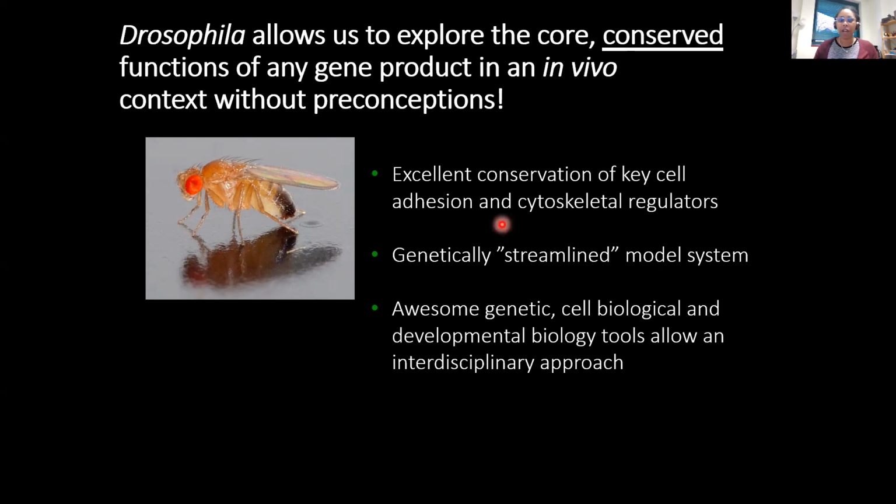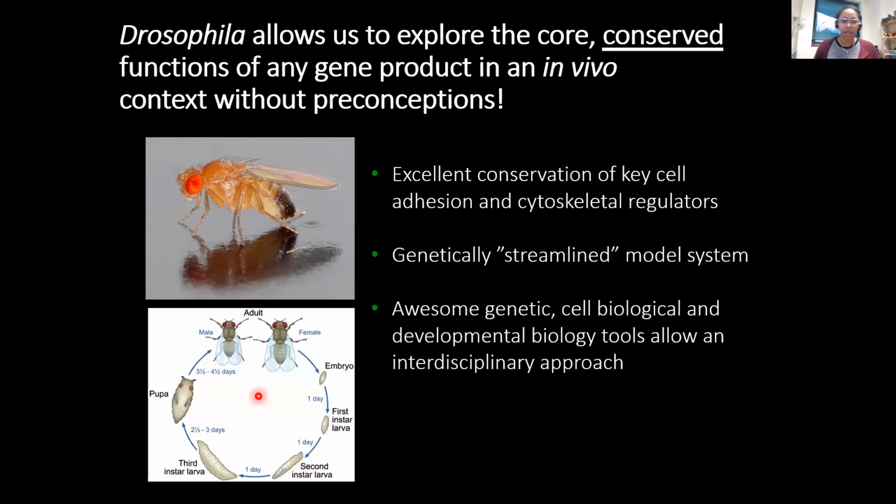And there are great genetic tools as well in Drosophila. People have been using Drosophila to study genetics for years, and it's a streamlined model system. And so we actually share about 60% of our genome with Drosophila. So there's that 60% overlap. So we can use Drosophila as a really great model for human diseases and disorders or human function as well.